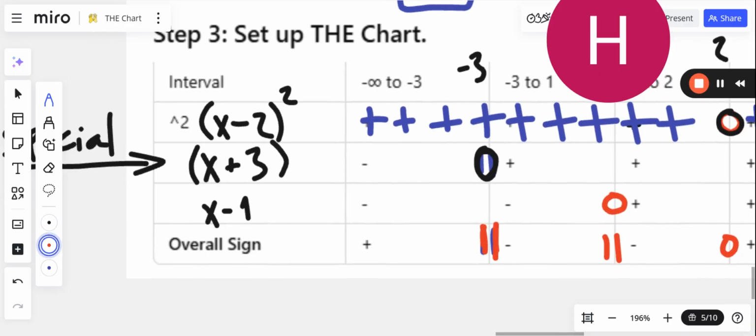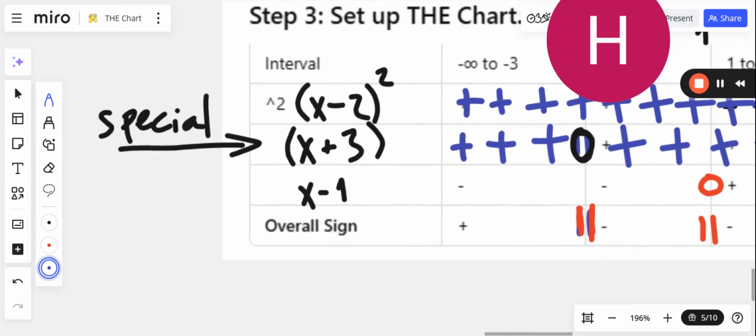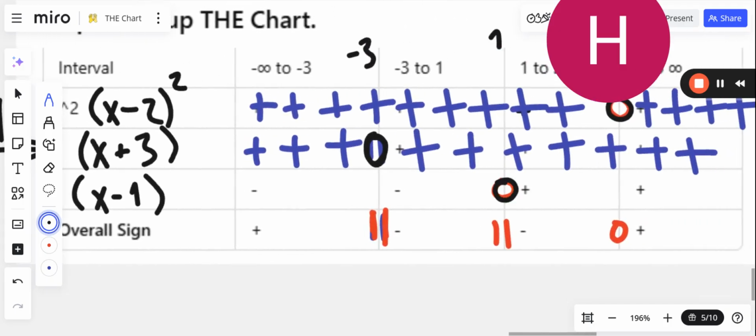However, it does follow the same pattern that it's positive everywhere, except where it's 0. Why is that? Because x plus 3 over x plus 3 is always equal to 1, except for the spot where it's undefined. And lastly, we have x minus 1, which is equal to 0 when x equals 1.